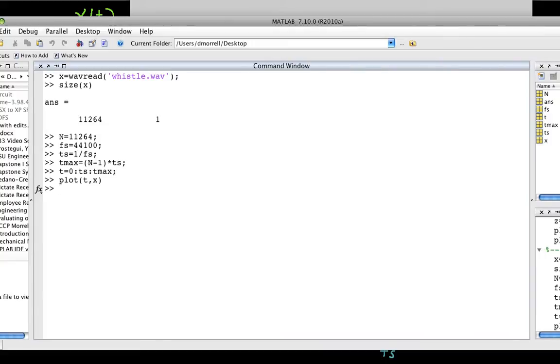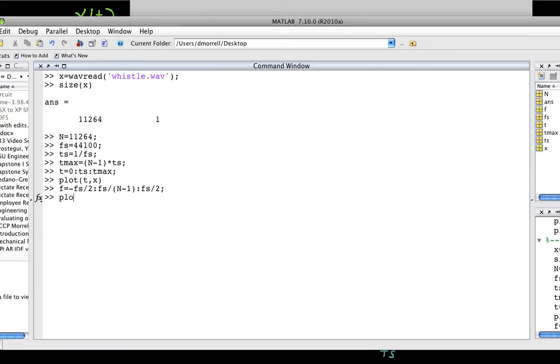Let's see if we can plot the frequency spectrum of that. So we start with f equal to minus f_s over 2. It is incremented by f_s over (N minus 1), and it goes to f_s over 2.